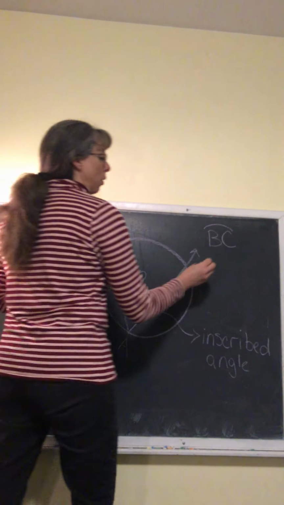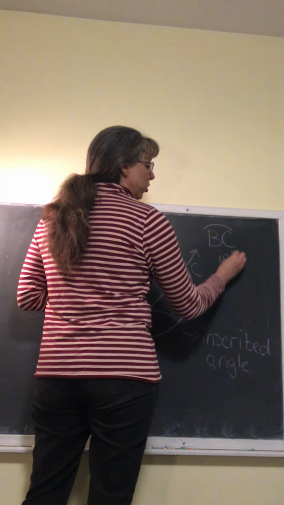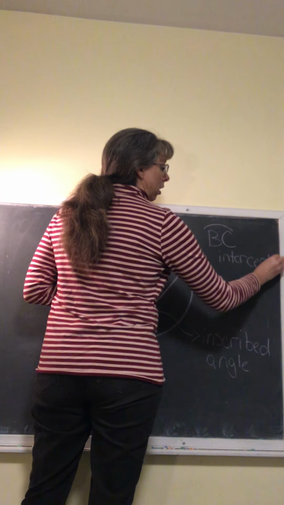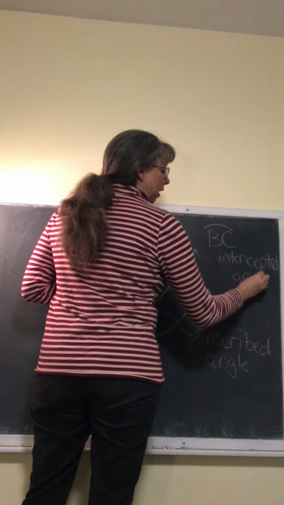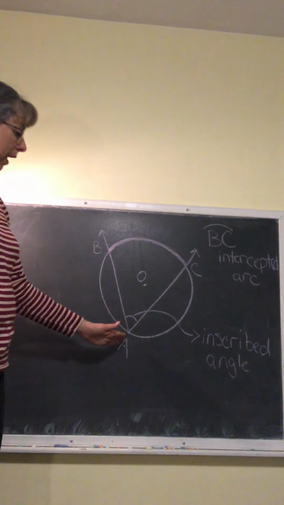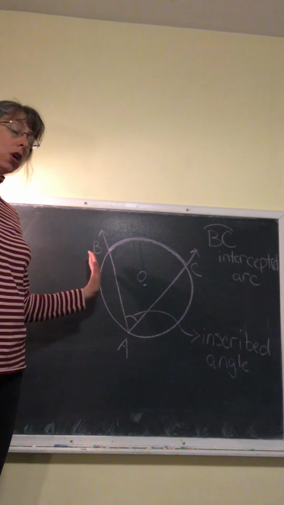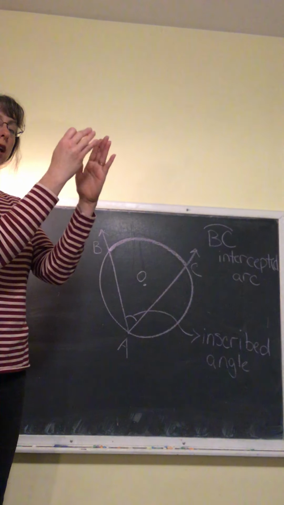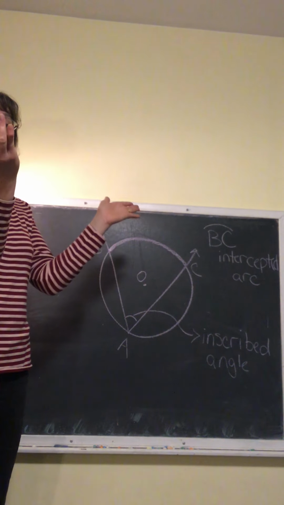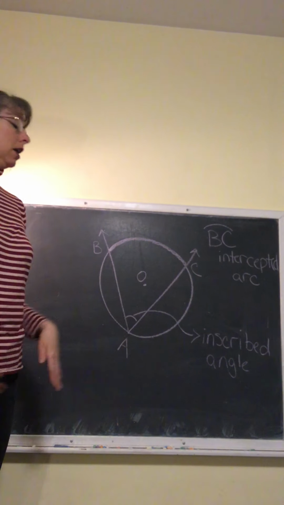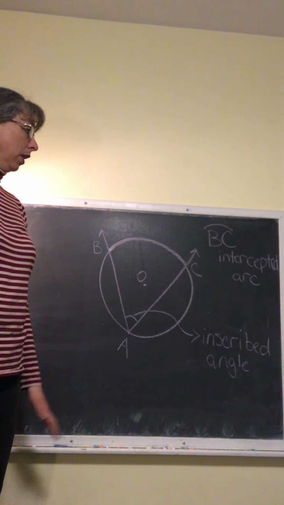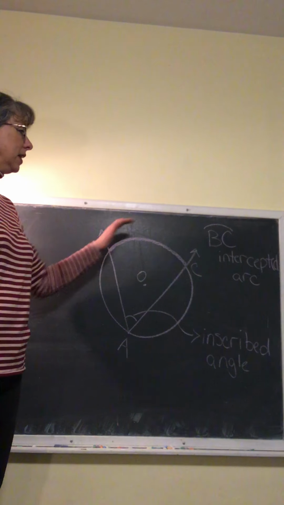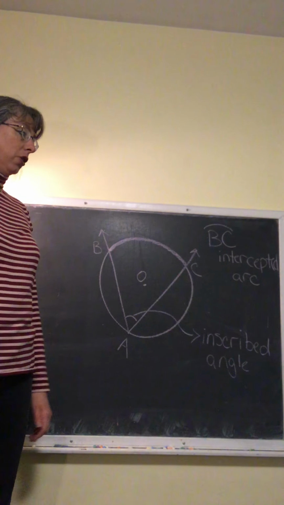Arc BC is what we call an intercepted arc. Or we say that angle A intercepts arc BC. That's the arc that is formed in between those rays that are cut off by angle A. So angle A is an inscribed angle, and arc BC is its intercepted arc.